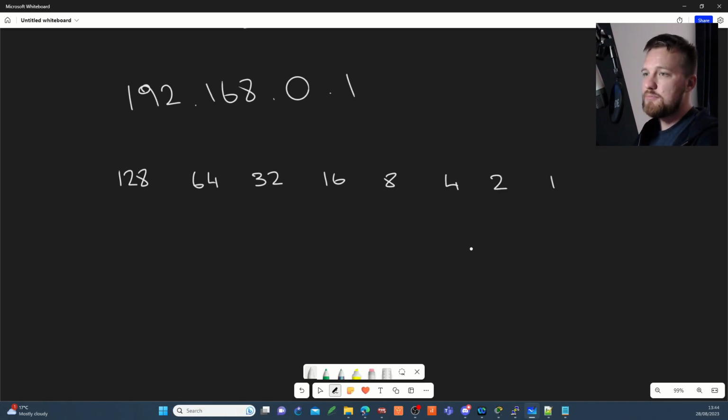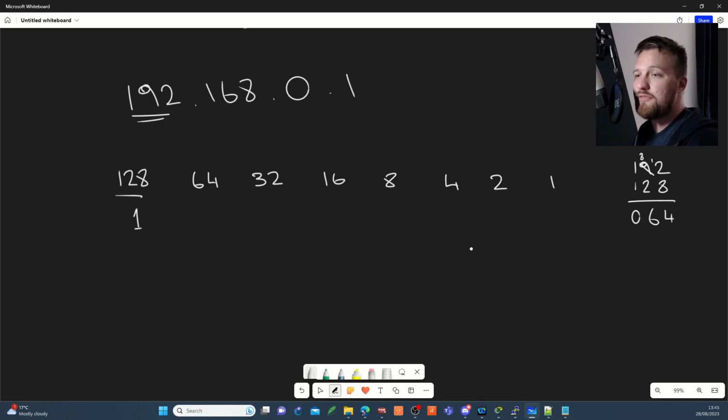Next, we're going to do some simple maths where we take the value that we're trying to calculate, say 192, and ask the question, can we subtract 128 from 192? If the answer is yes, we put a 1 in the field underneath. 192 minus 128 equals 64.